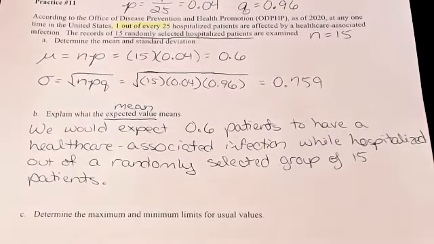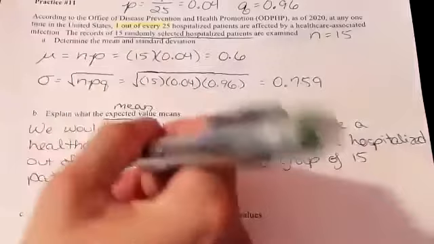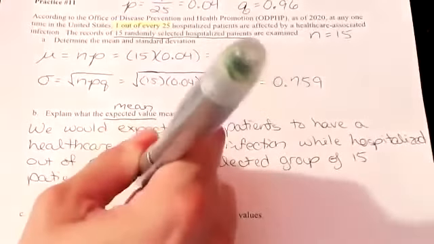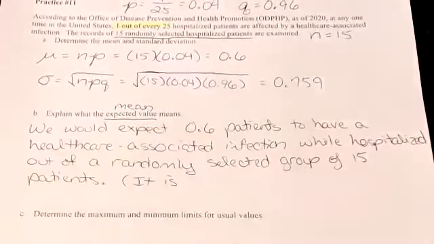So by using that language, 0.6 patients, we're basically indicating that it is pretty unlikely that in a group of 15 patients, you would have someone with a healthcare associated infection. I just want to add this note for you: it is pretty unlikely.